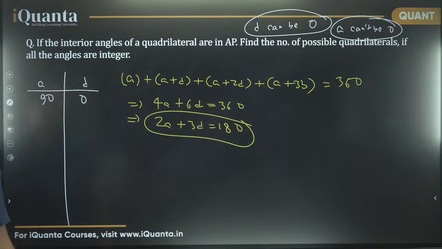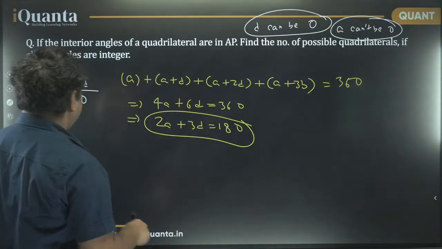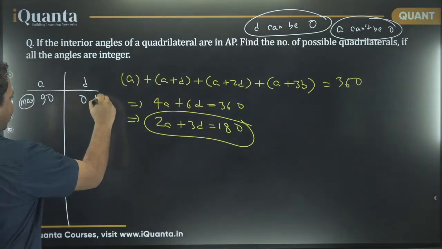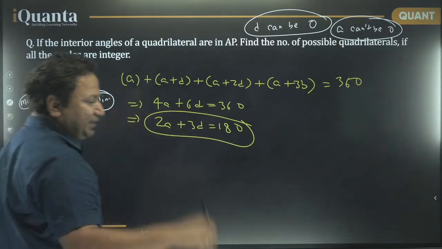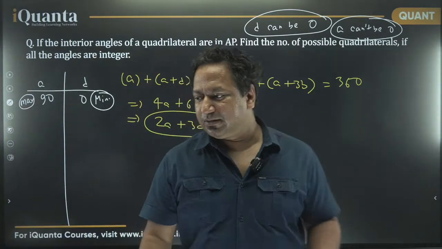Now, what happens next in these types of questions: see, I have taken the maximum value of A, isn't it? Am I right? So now A will decrease, and for D I have taken the minimum value. So A is gonna decrease and D is gonna increase. By what?